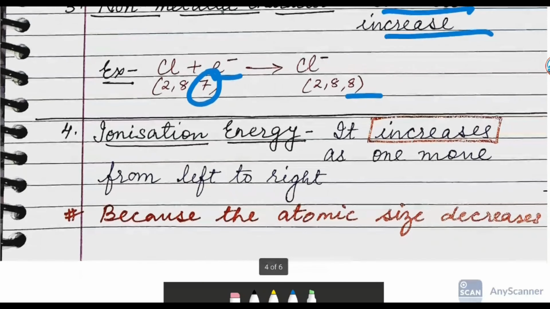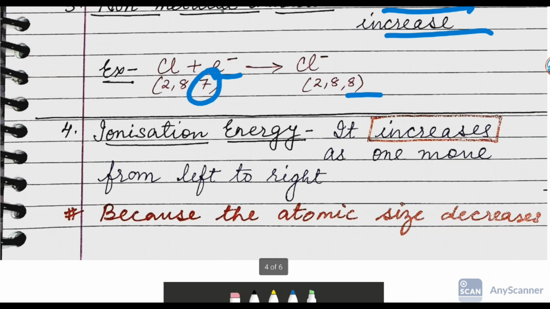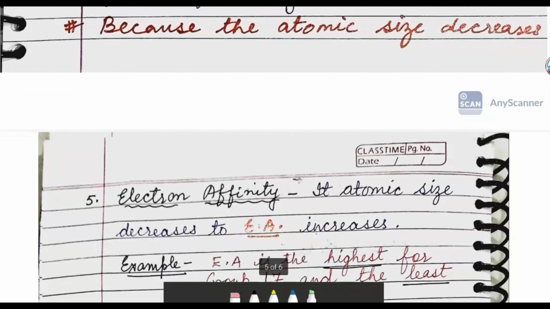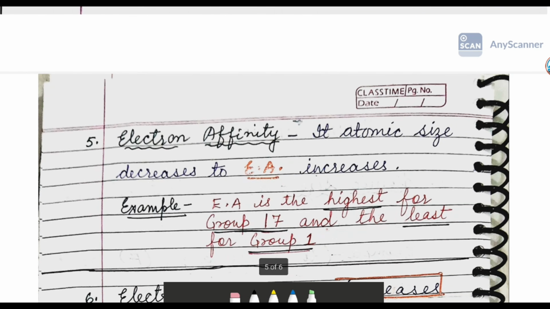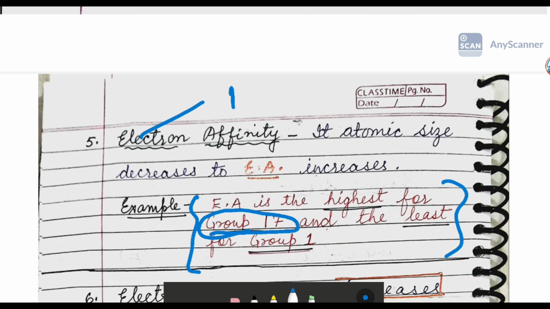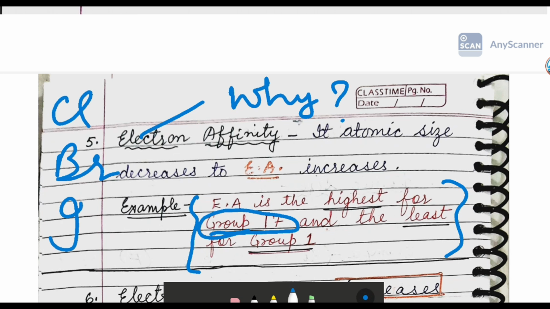Now ionization energy increases as one moves from left to right because the atomic size decreases. Then electron affinity: as the atomic size decreases, the electron affinity increases. Here is an important part: electron affinity is highest for group 17. Why? The question will come, why the electron affinity? Group 17 is the halogen group, chlorine, bromine, iodine, all these are halogens.